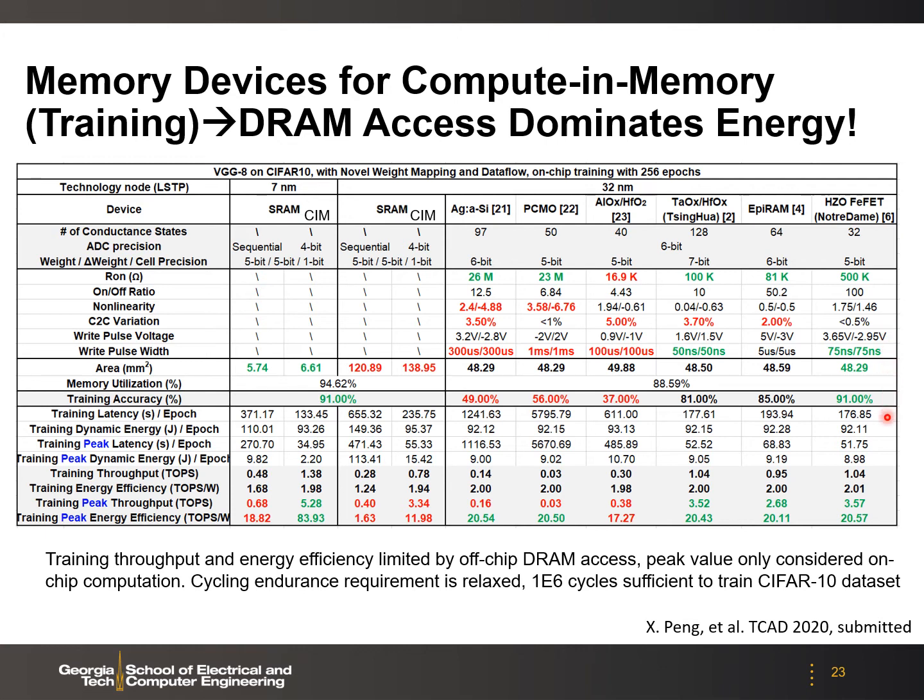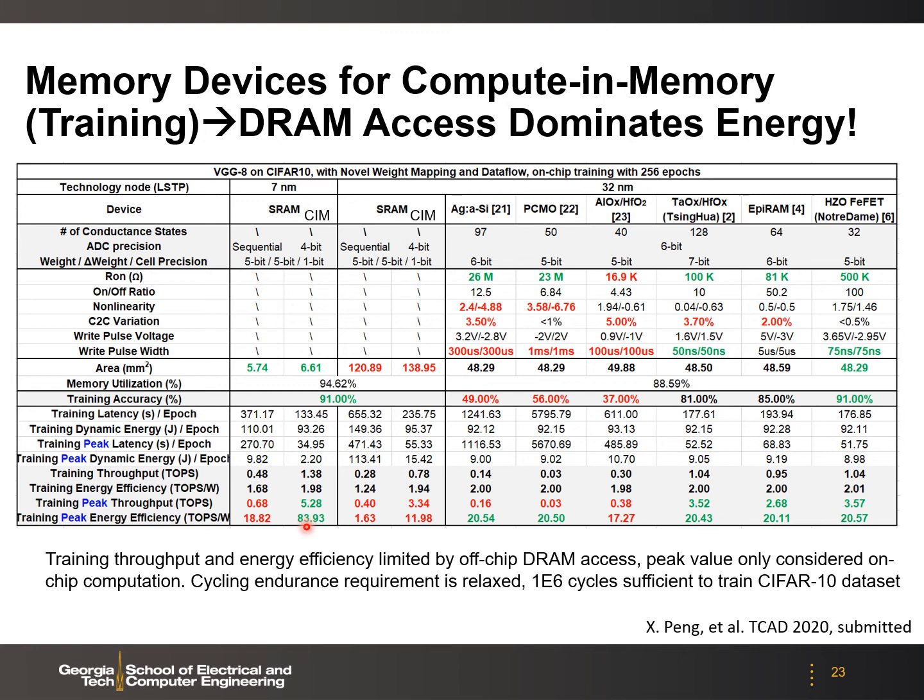If you consider the peak performance on chip, again, the non-volatile memories can outperform the SRAM at the same technology node. And the 7nm SRAM still achieves the best on-chip performance. But the training is very DRAM intensive, as there is a lot of intermediate data we need to save to the DRAM.